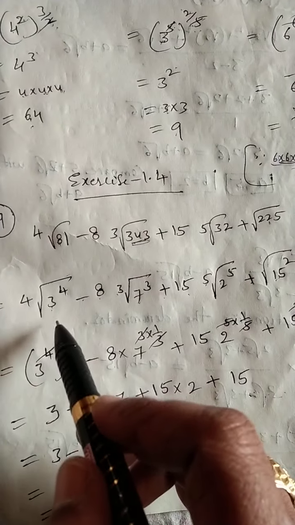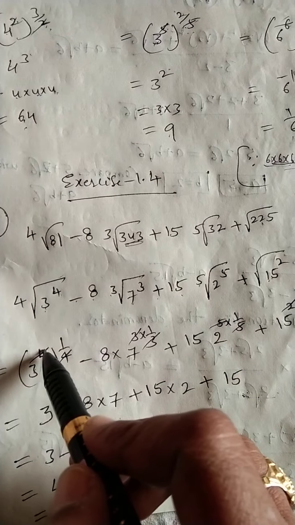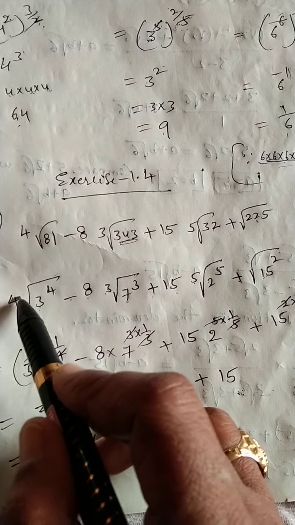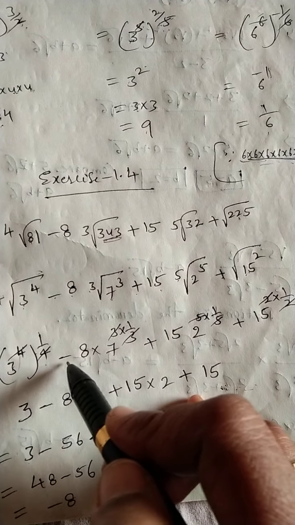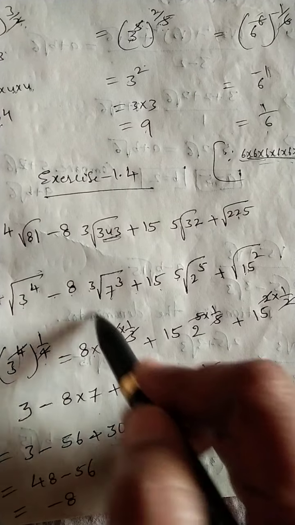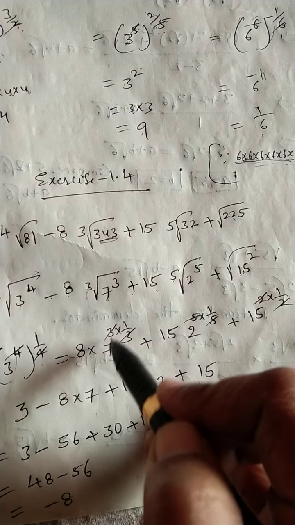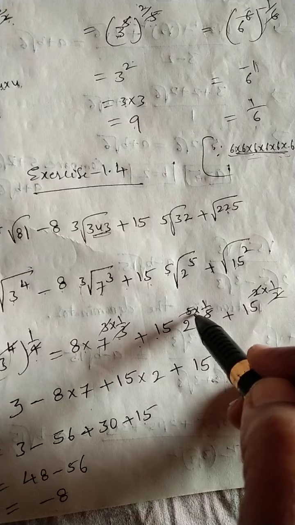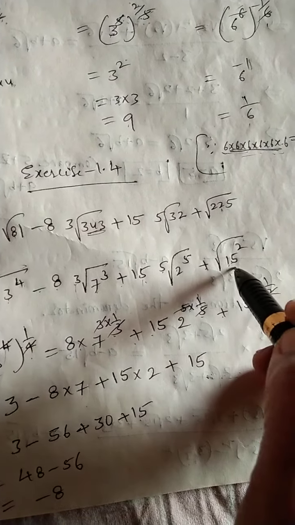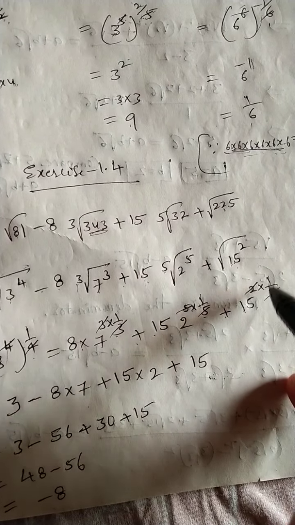Okay. Now you can take 3 power 4 into 1 by 4, the 4s will cancel. Next step, minus 8 into 7 cube into 1 by 3, plus 15 into 2 power 5 into 1 by 5, plus 15 power 2 into 1 by 2.